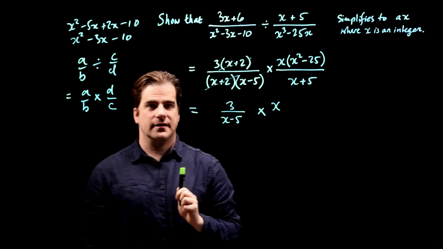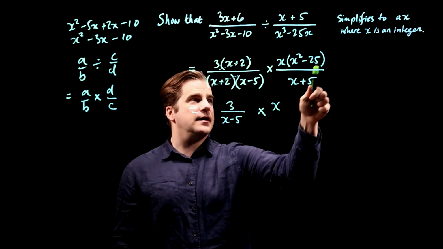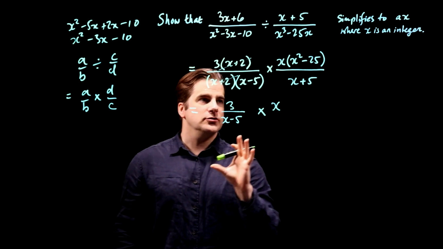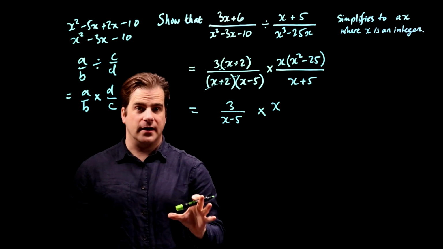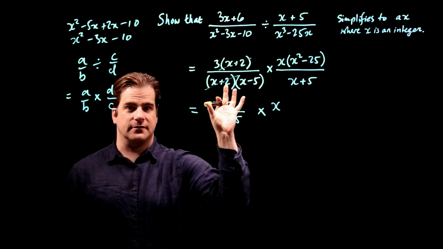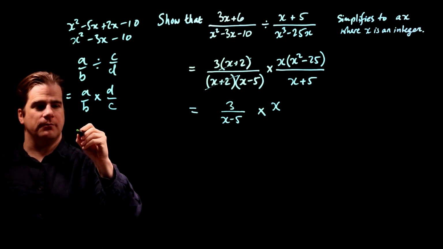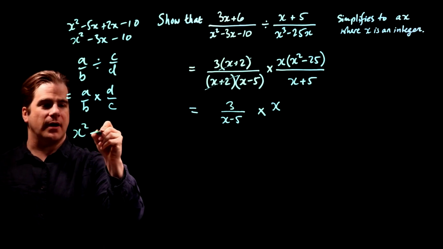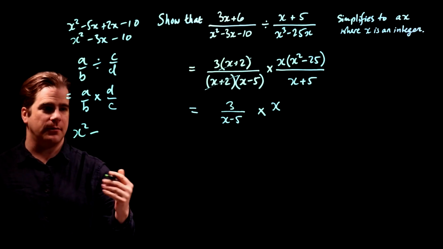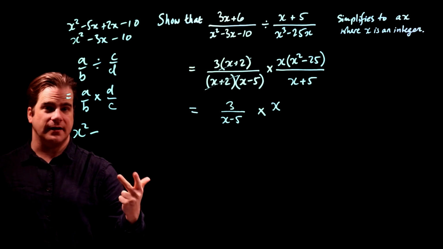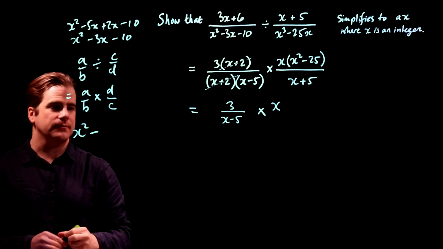We can factorize this. This is a difference of two squares. You should get used to spotting difference of two squares factorizations, okay? Whenever you have something of the form x squared minus a number that is a perfect square, such as 4, 9, 16, 25, 36, 49.